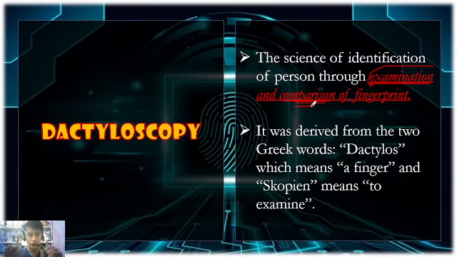So we are going to compare the latent print we found from the crime scene with the taken fingerprint from the suspect, and then find out if that matches or not, or if the fingerprint found in the crime scene is really his fingerprint also. And that is dactyloscopy.